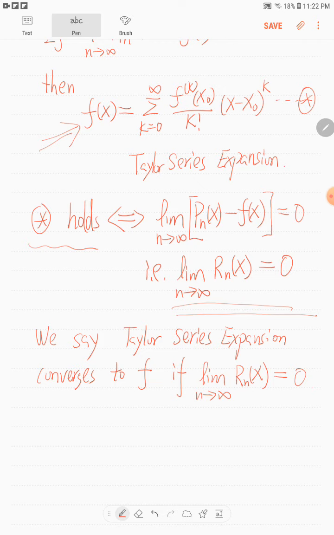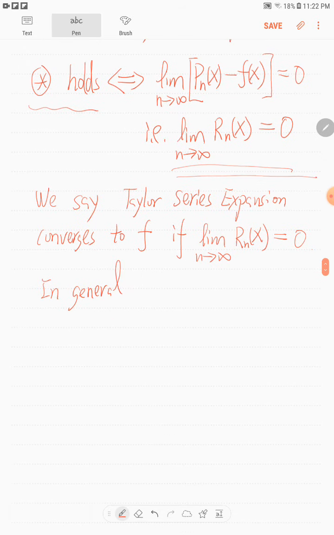So in general, this f of x may not be equal to this Taylor series expansion, even in the case where the kth derivative always exists.